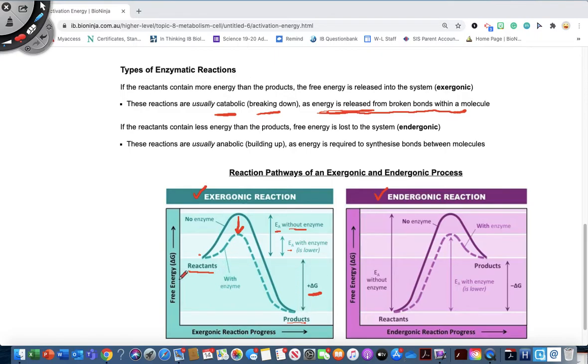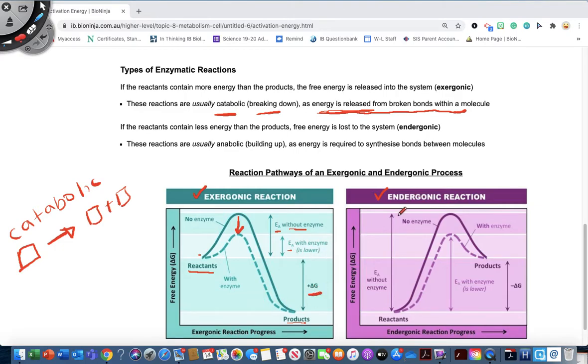Okay? So think of a catabolic reaction as taking one reactant there and breaking it up into two. Okay, so this would be an example of a catabolic reaction, or an exergonic reaction, or a positive delta G reaction.